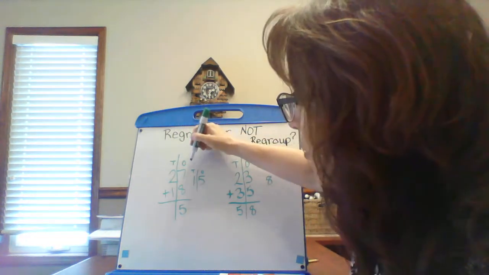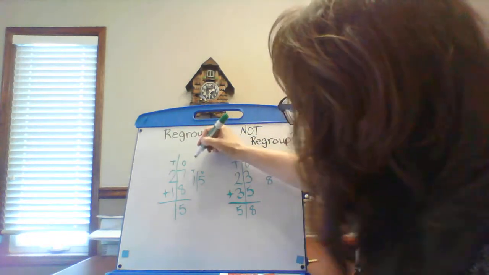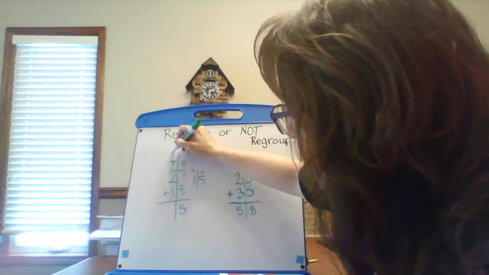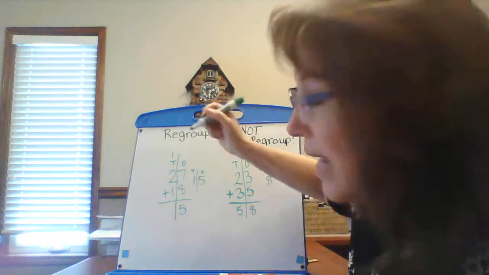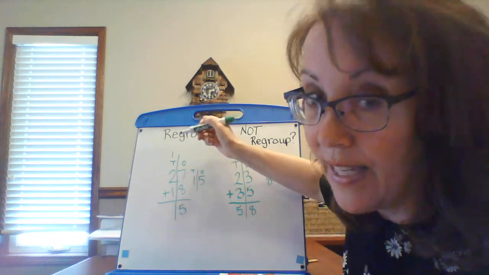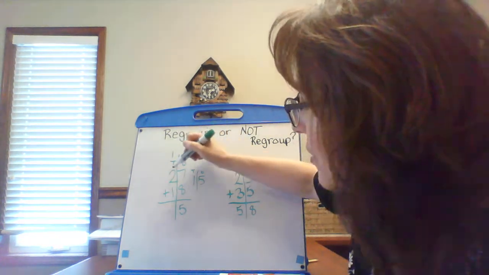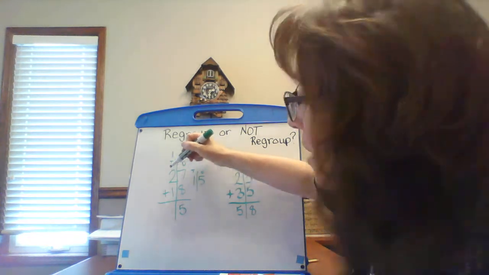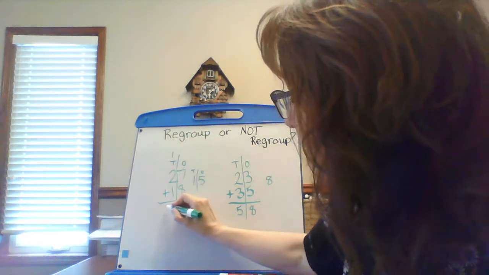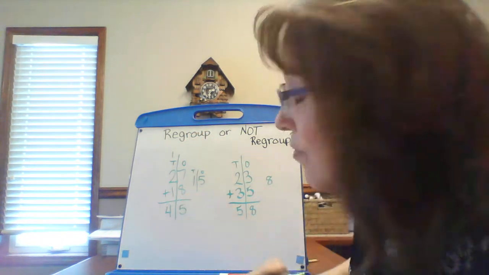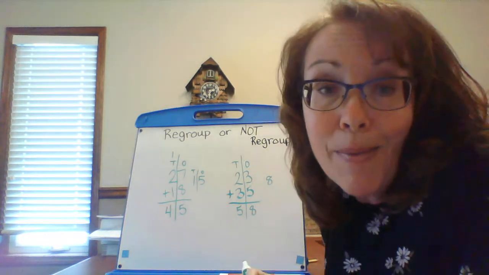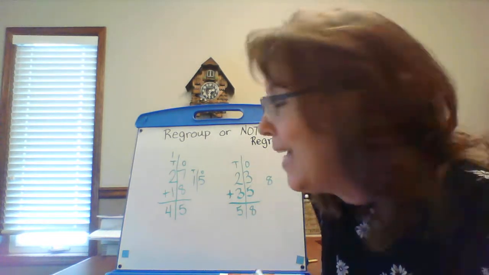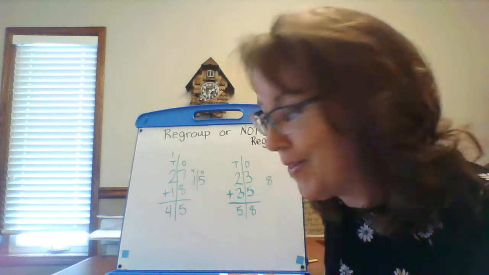So here it goes. We're going to put that one group of 10 there. Now I'm going to add my groups of 10. I have 1 ten plus 2 tens gives me 3 tens, plus 1 more gives me 4 tens. So I have 4 tens and 5 ones. My answer is 45.